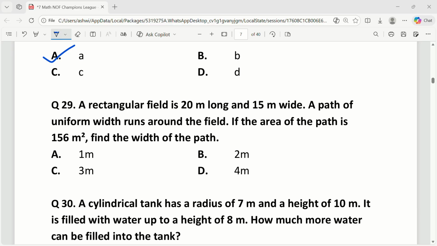Question 29. A rectangular field is 20 meter long and 15 meter wide. A path of uniform width runs around the field. If the area of the path is 156 meters, find the width of the path.